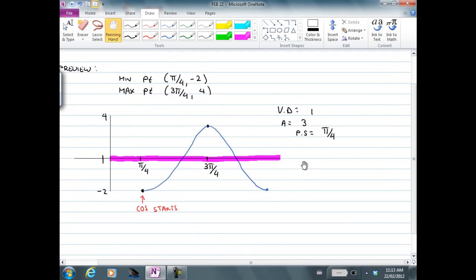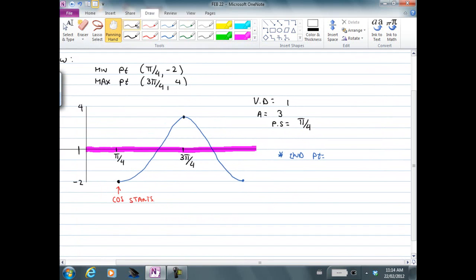Okay. Now, here is the part where a lot of kids have trouble. I need you to write down these special formulas. 1. How to get endpoint. Endpoint is given by this formula. It's your first point plus period. Okay?